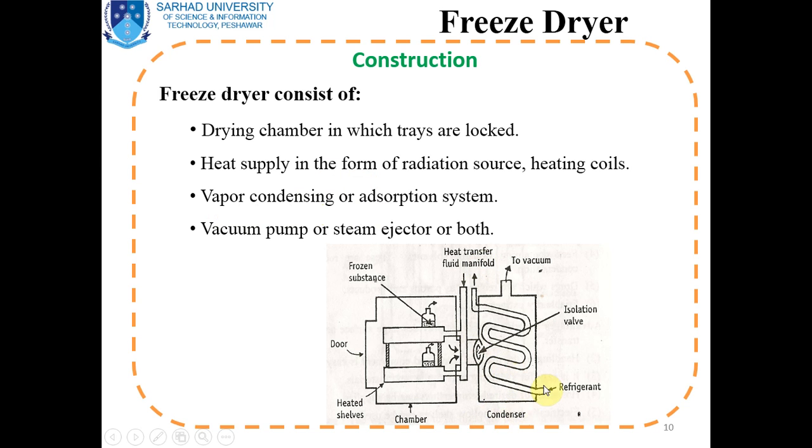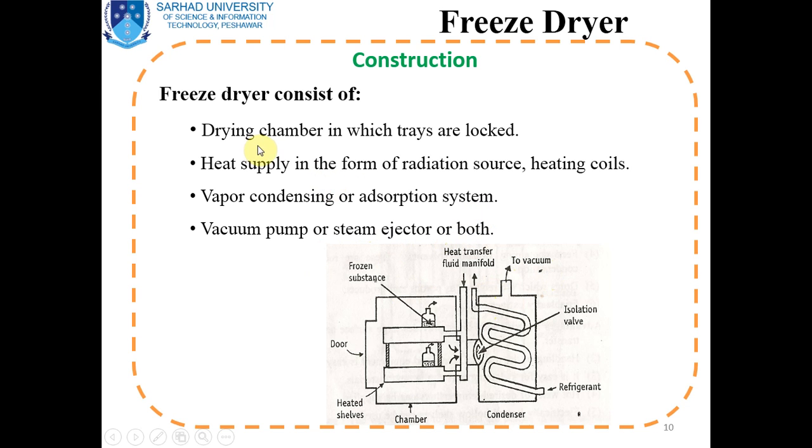You have seen a condenser in the routinely used refrigerator as well. The vapor condensing or absorption system is one part of the freeze dryer, and on the top of the condenser you can see a line that goes to the vacuum. A vacuum pump or steam ejector, or both, are installed as one part of the freeze dryer.